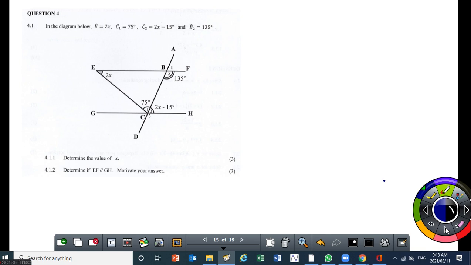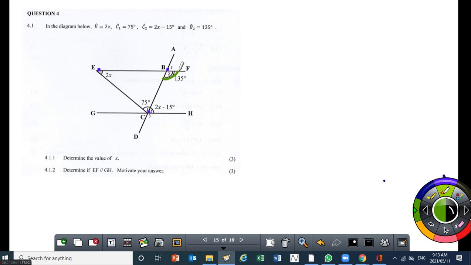So my suggestion here is to use your knowledge of triangles. So I'm going to use triangle, I'll call it BCE. And then I'm going to say this angle B2, which is equal to 135, this angle here, it's an exterior angle of triangle BCE.